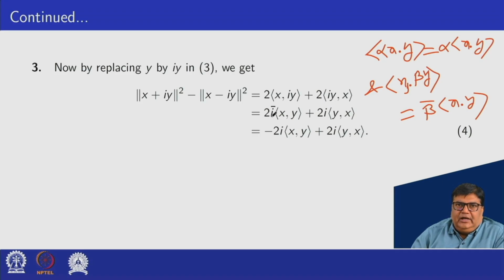I bar means minus i, that is minus 2i inner product of xy plus 2i into inner product of yx.